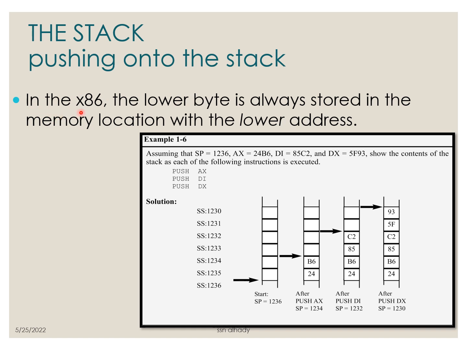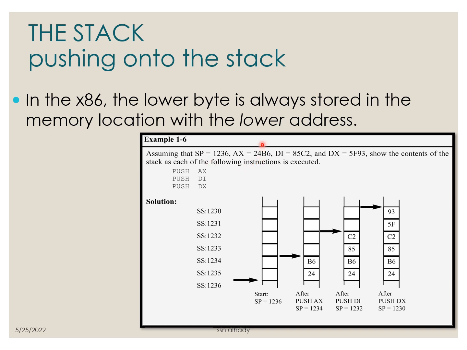In the 8086, the lower byte is always stored in the memory location with the lower address. If you look here, the value of AX is 24B6. B6 is the lower byte, so B6 is going to be stored in the lower address, 1234.